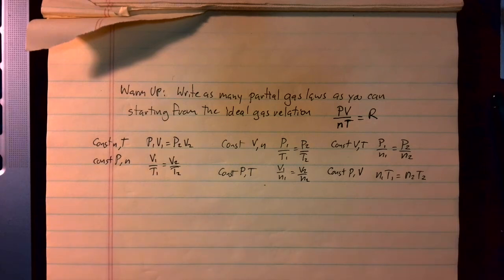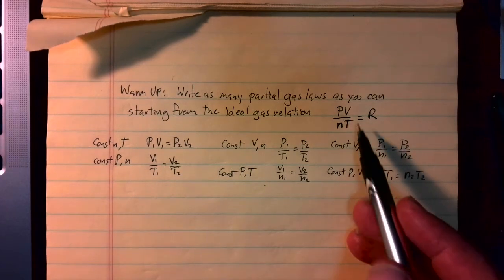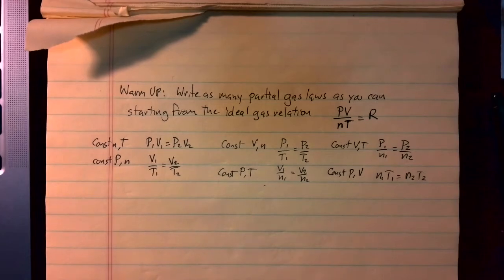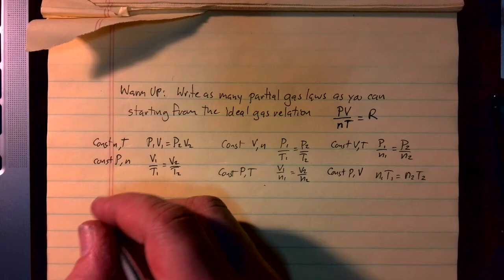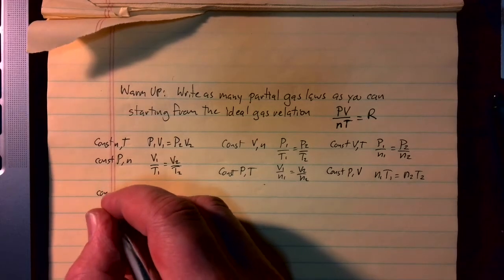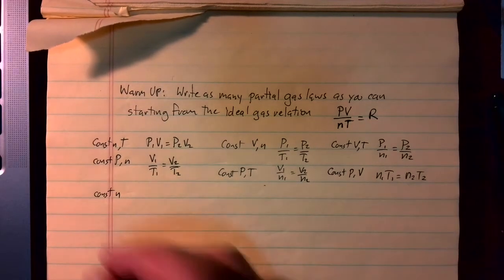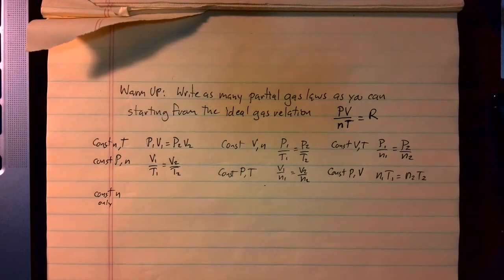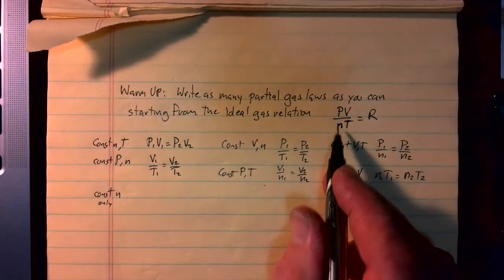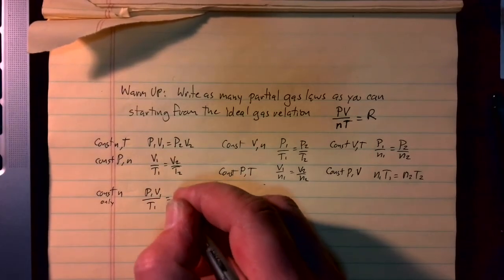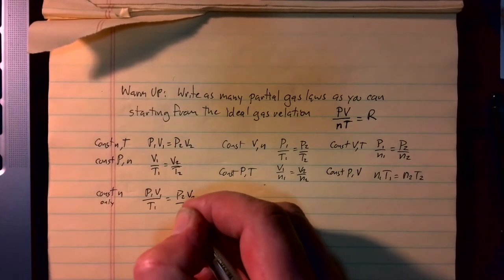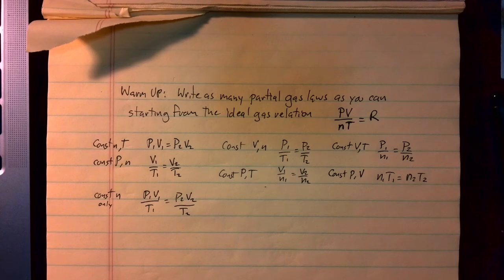Okay, so here are the 6 versions with 2 variables, but we then realize that there's nothing that says we have to have just 2 variables. We can then say, what if we only have constant n? Well, then only n drops out, and you end up with P1 V1 over T1 equals P2 V2 over T2. And you can do that 4 different ways.